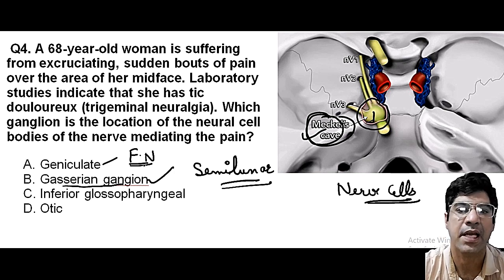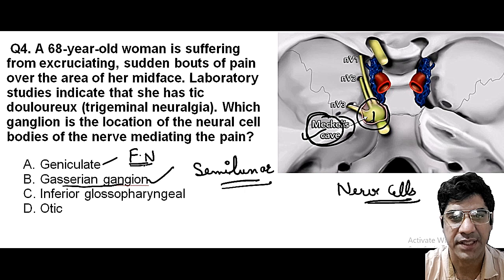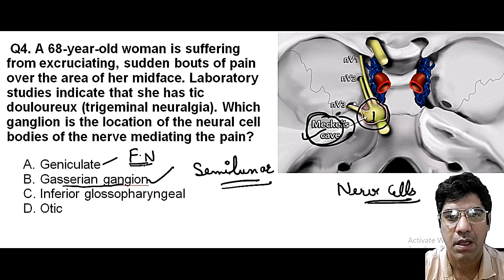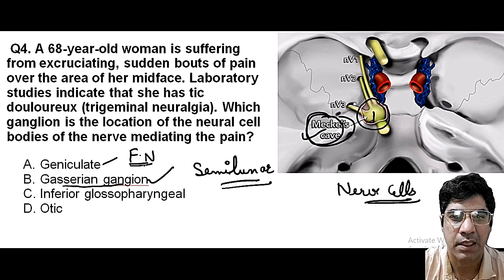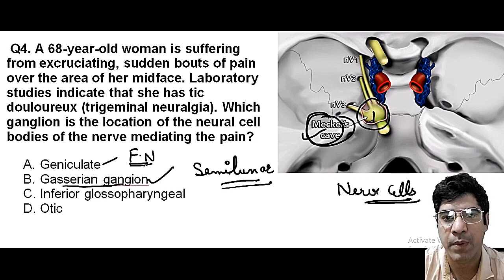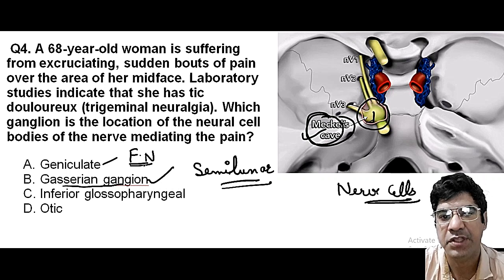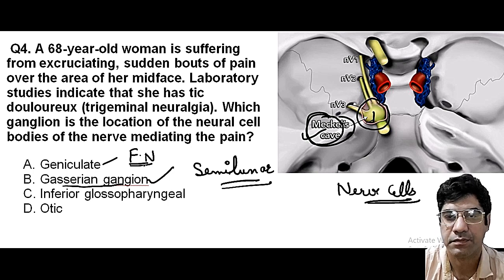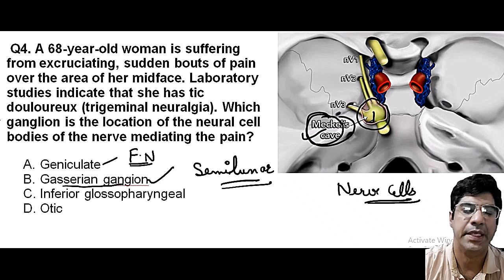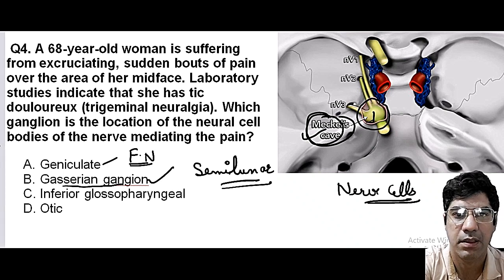Option B is the Gasserian ganglion. Yes, it's the correct answer. Trigeminal neuralgia is a condition characterized by bouts of pain over the distribution of the trigeminal nerve branches. So the answer is B.